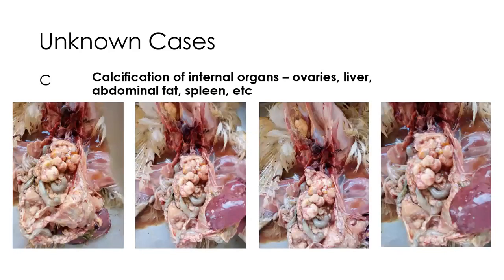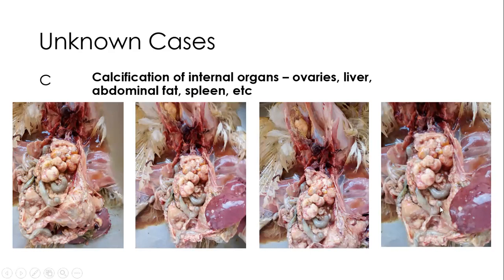This is another one. So this one is not caseous exudate like the first one. This one is calcification. All of these things that you are seeing, they are like hard bones. All of them that you are seeing here, and it is in different abdominal organs. Even on the liver, you can see it in the second picture.